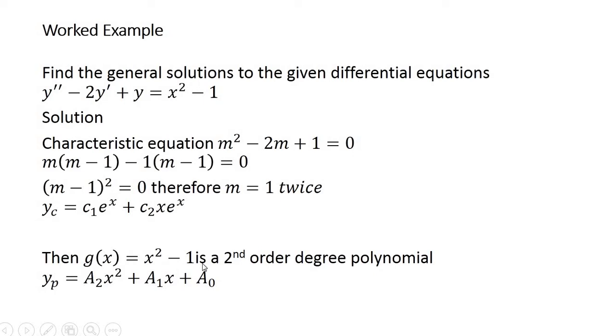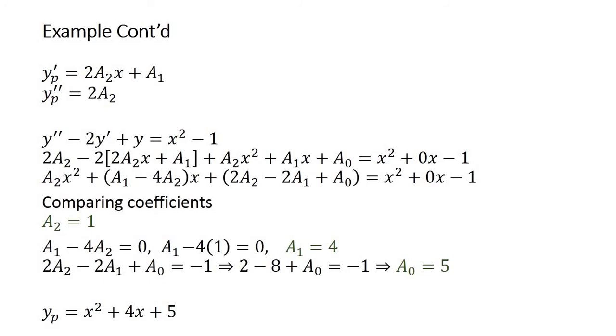Which means that our particular solution yp will be given by a polynomial of order 2: a2 x squared plus a1 x plus a naught. Now for you to determine these constants, a2, a1 and a naught, you need to differentiate.